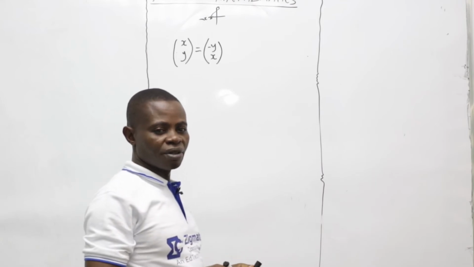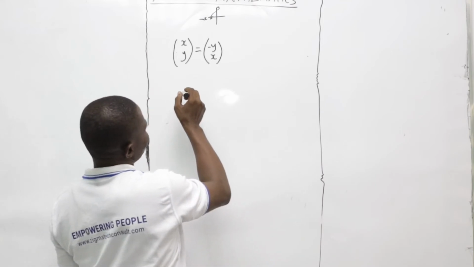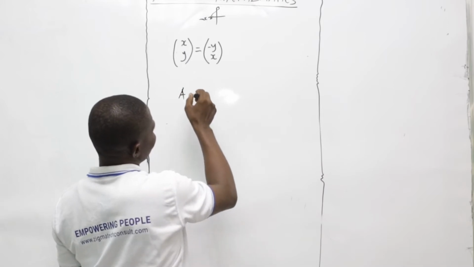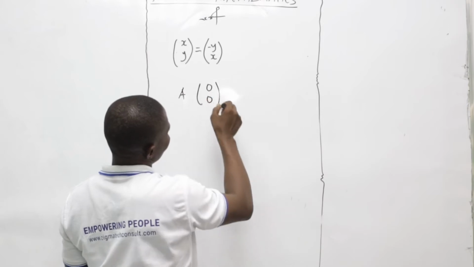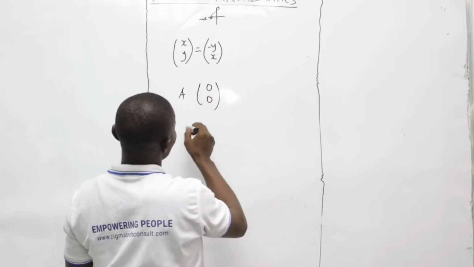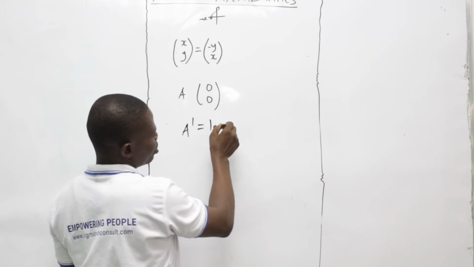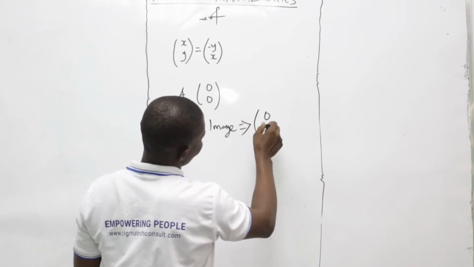Now, what are we having? We have the object. What is the object? We have object A, which is 0, 0. So A prime, which is an image, equals 0, 0.